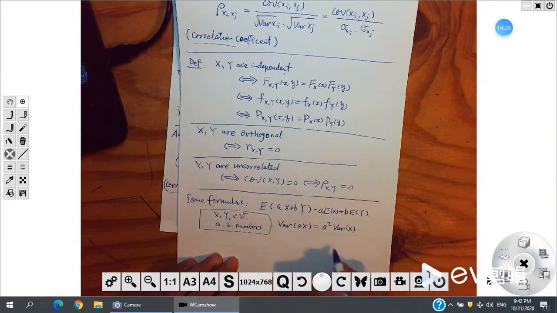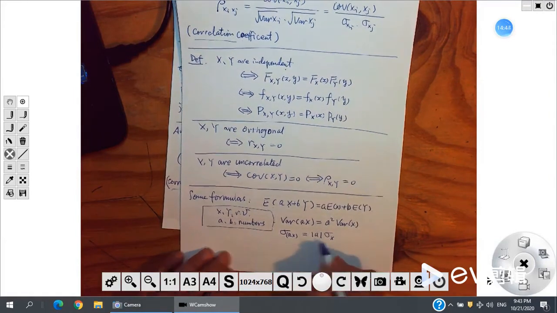For the standard deviation of AX, this is the absolute value of A times sigma X.